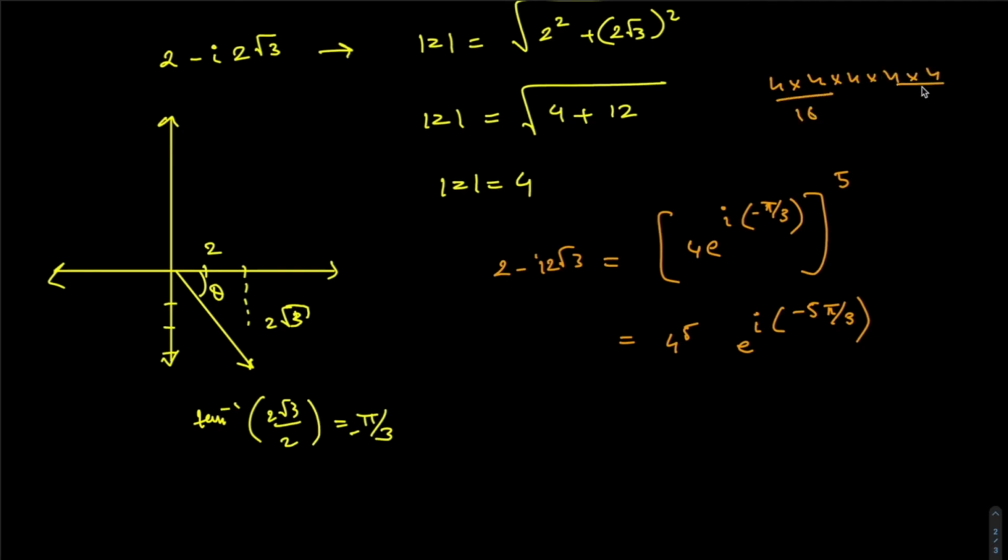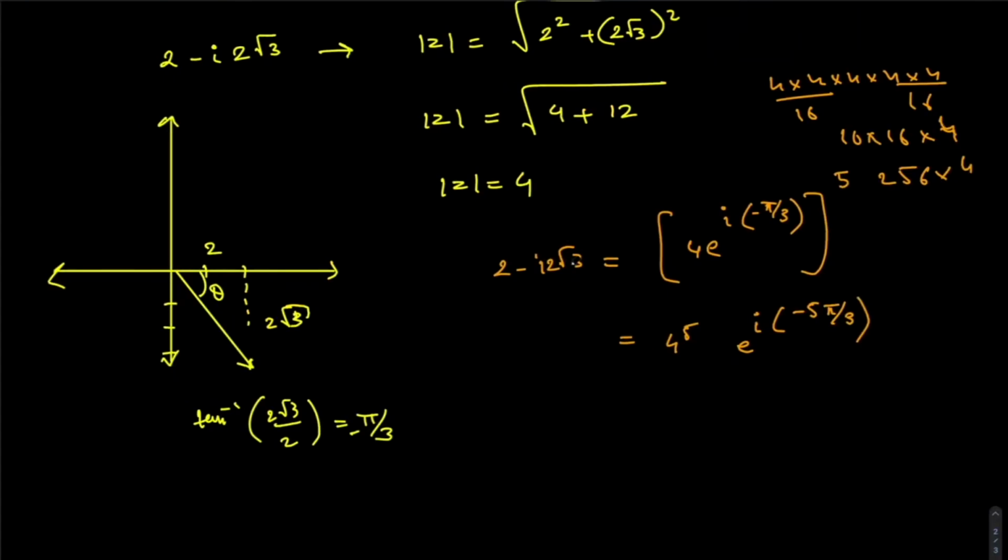So this is 16, this is 16, and so I have 16 times 16 times 4. 16 times 16 is 256, and 256 times 4 is 1024. Okay, so that's this part right here.